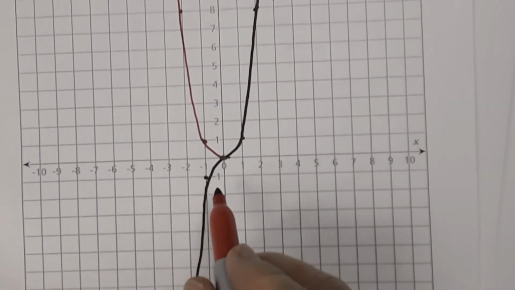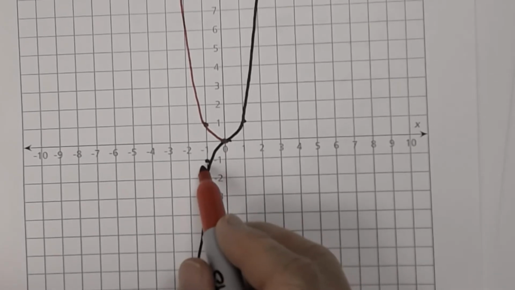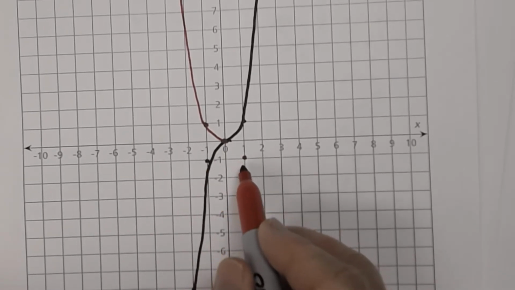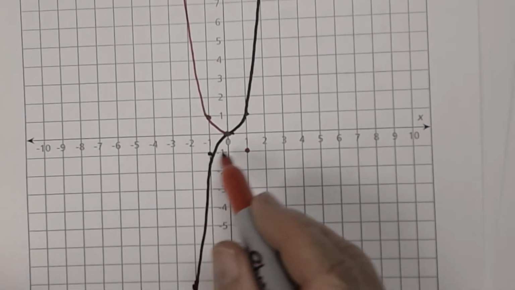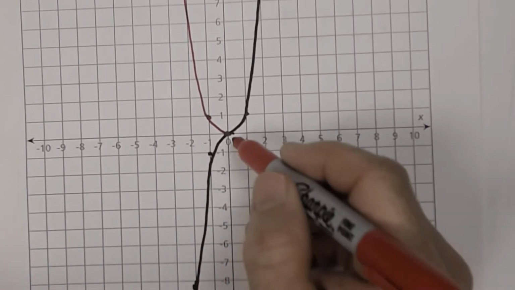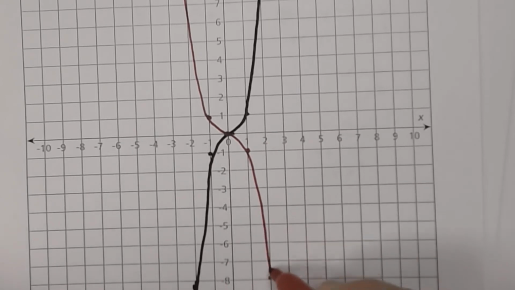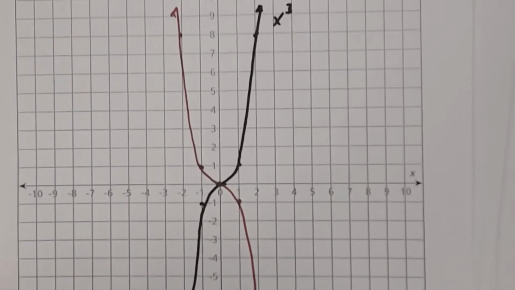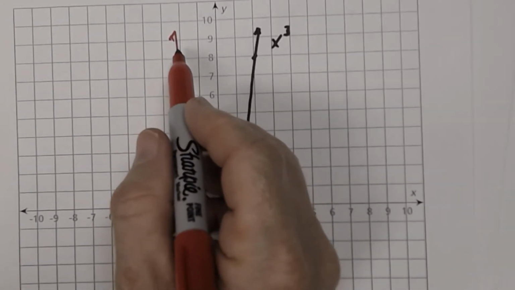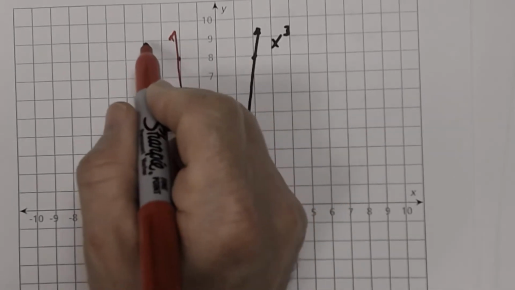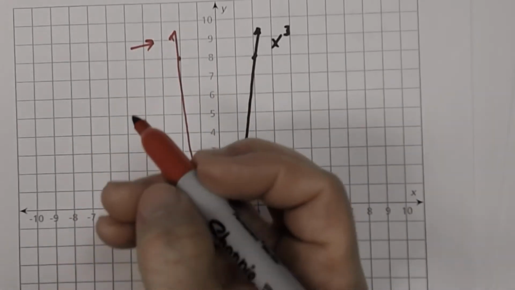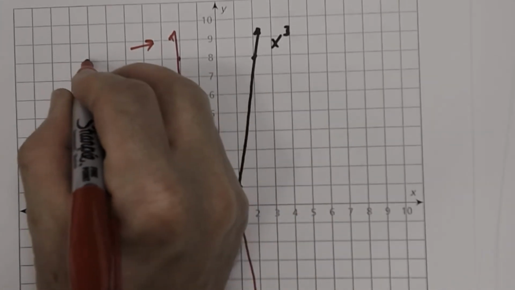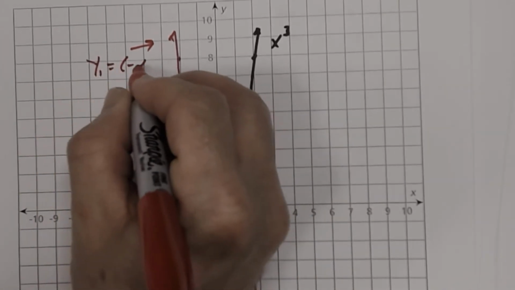And then over here, (-1, -1) becomes (1, -1). And then (-2, -8) becomes (2, -8). And so I get this. Okay? So do y'all agree that what I just did was I reflected about the y-axis, right? So that means that my transformation would be this.